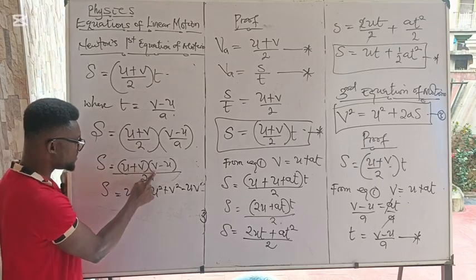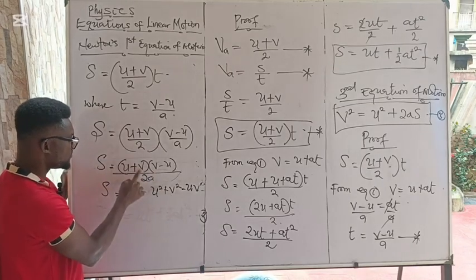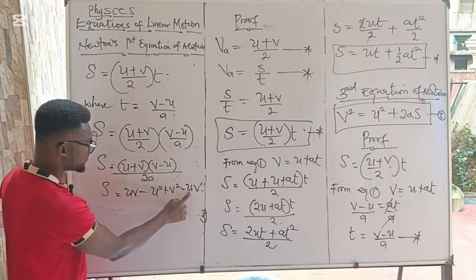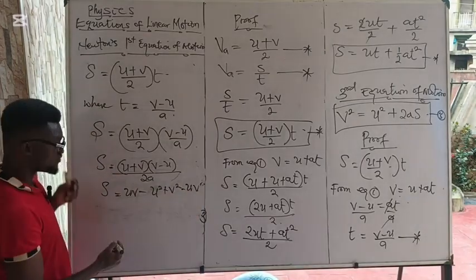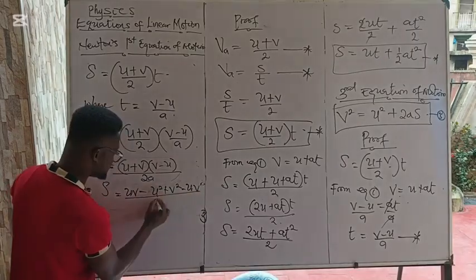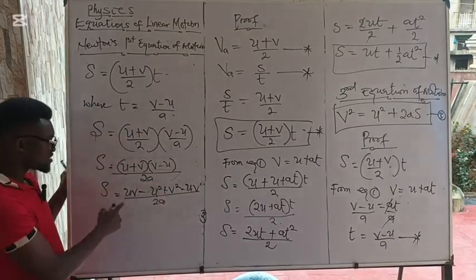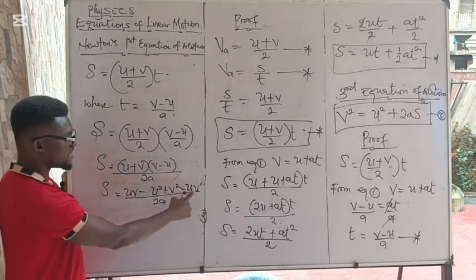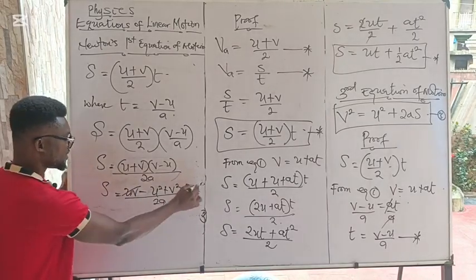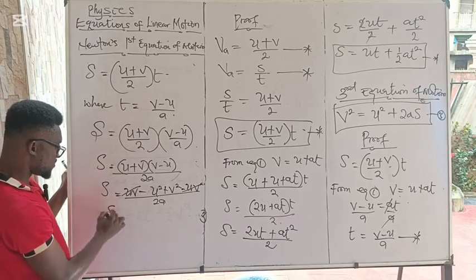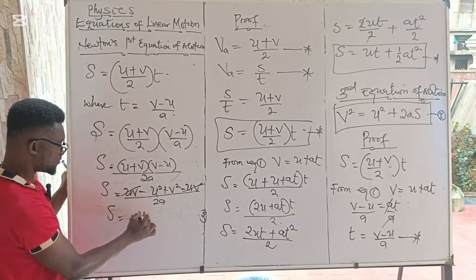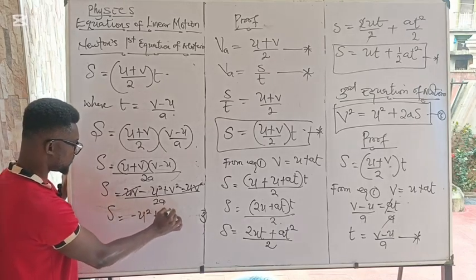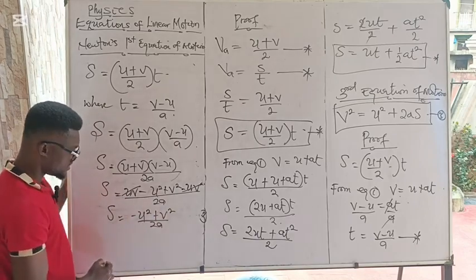Then v times v gives v squared. V times minus u gives minus uv. All divided by 2a. Now we have uv here, and we have minus uv here, then they will cancel out. So we have s as minus u squared plus v squared all over 2a.